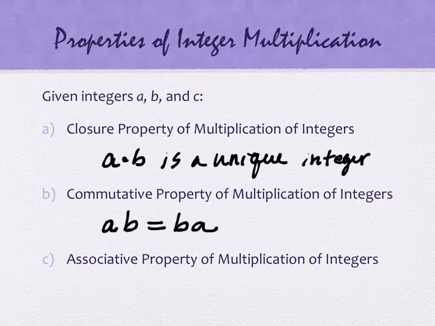So how about associative? I need 3 letters for associative. What does associative look like? A times B, then that quantity times C, or A times the quantity B times C. Not plus C, times C. The plus one we'll get when we get to distributive. So what would this equal with the associative property?